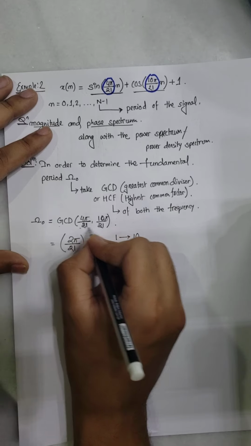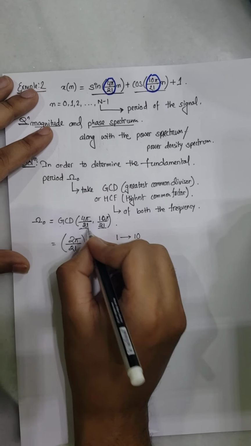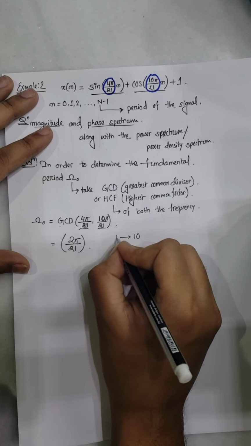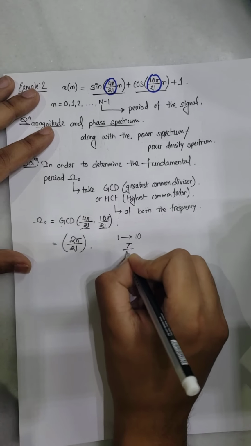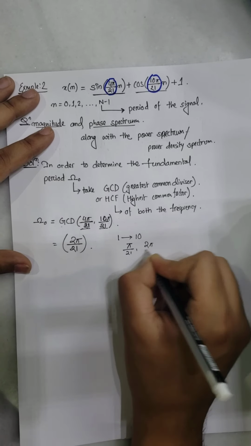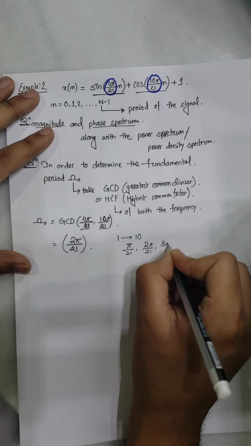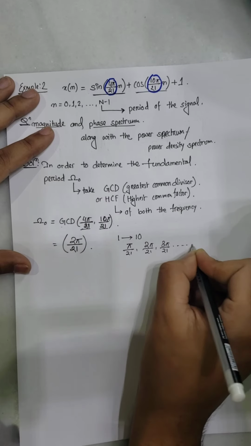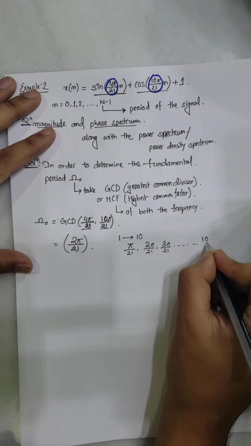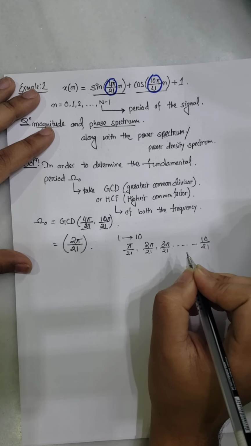So you divide both the quantities with this number. For 1 it will be pi over 21, or twice pi over 21, thrice pi over 21, and so on, up to 10 pi over 21.